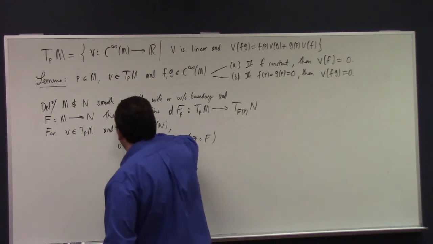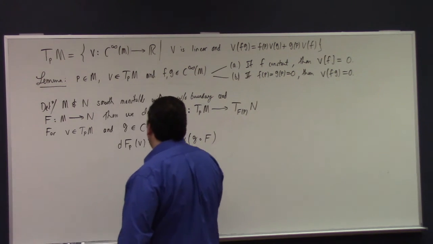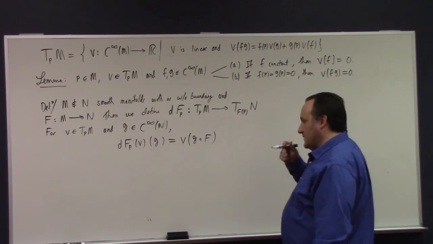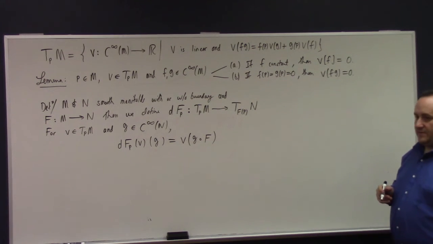My function on N is going to be g, and my smooth map is going to be big F, so no two f's here.